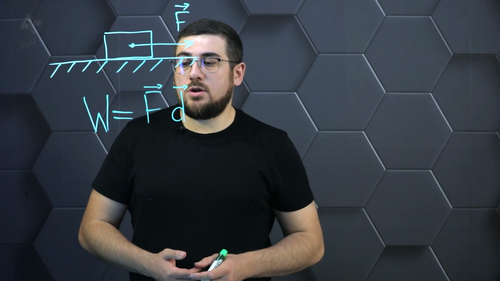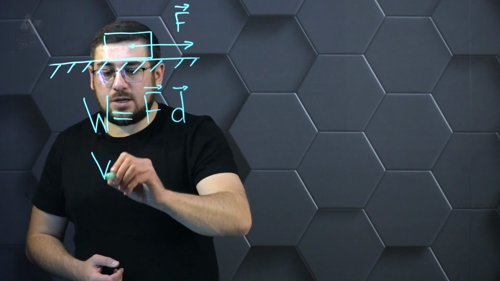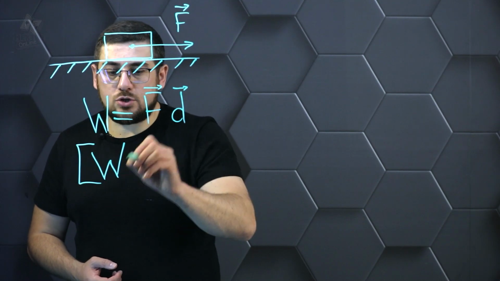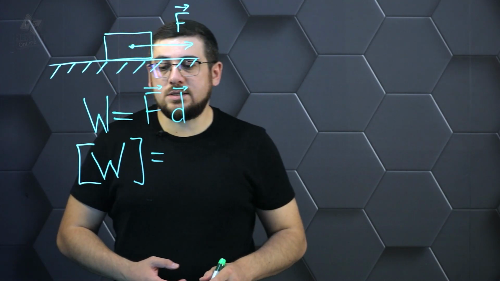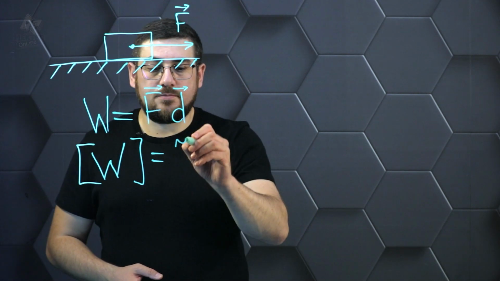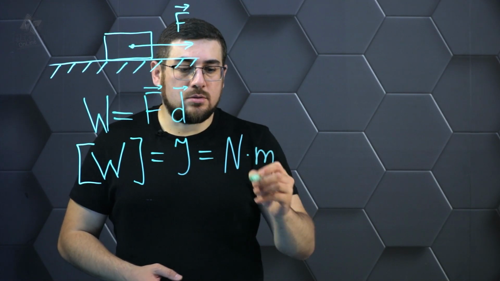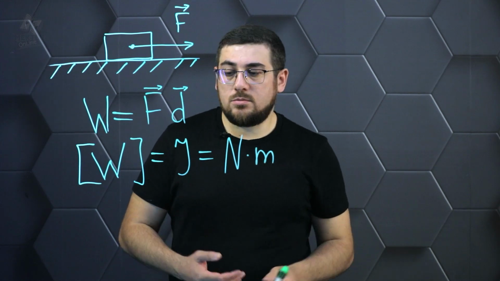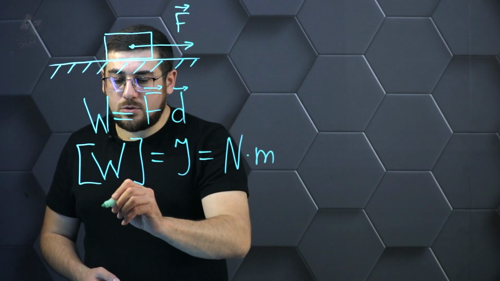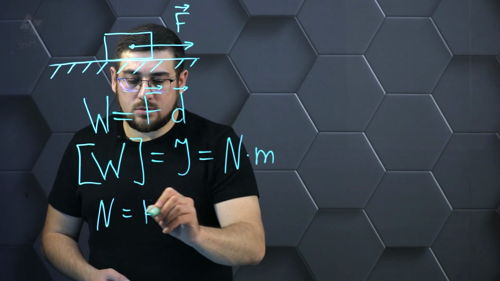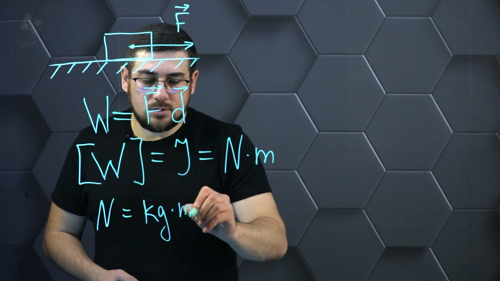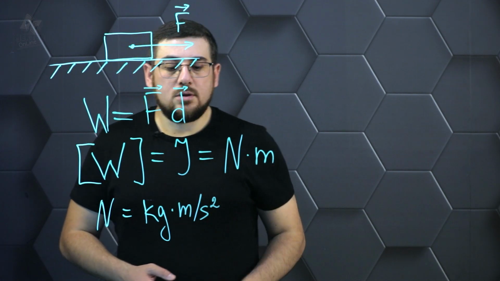According to this formula, we see that the work will be measured in newtons times a meter, and this unit of measurement is called joule. So if we further describe the unit of force in newtons, we remember that the newton is a kilogram multiplied by a meter and divided by a second squared.